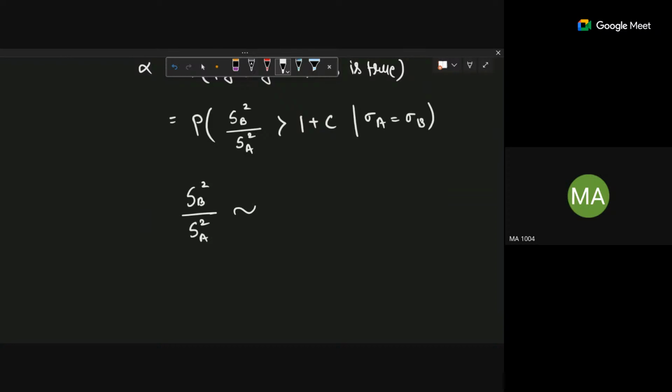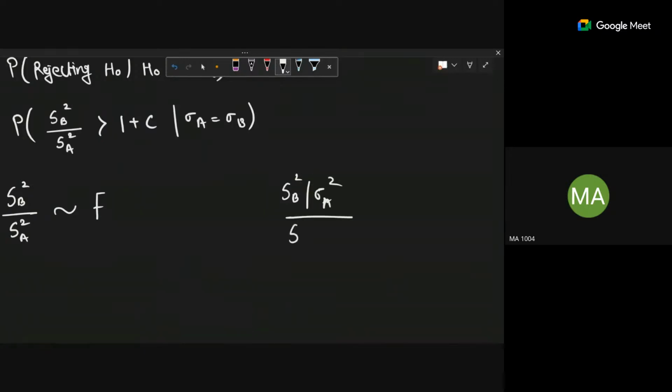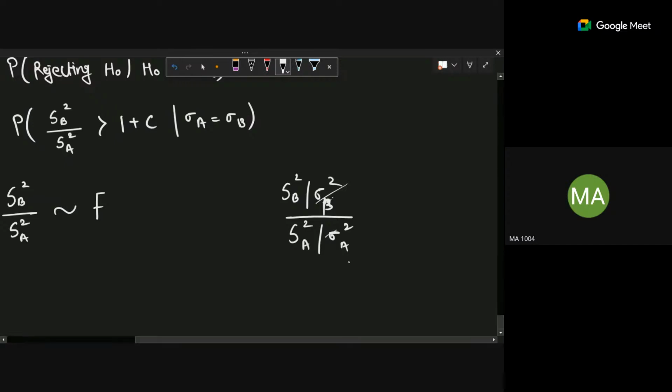F distribution, right? We have discussed that when the ratio of two chi-square distributions is taken, it will be an F distribution. Here SB square upon SA square, given that sigma A and sigma B are equal, can be viewed as SB square upon sigma B square over SA square upon sigma A square, which are both chi-square distributions, and as sigma A and sigma B are the same, we can cancel them out.